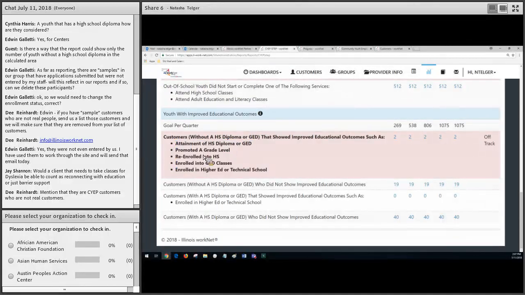And that area is what is going to impact this. If they attained a high school diploma, were promoted to grade level, re-enrolled, enrolled in GED, or enrolled in higher ed or technical school, that's where you're going to identify those. That's how you're going to get these customers up in this area.